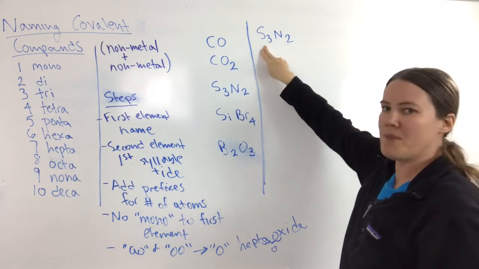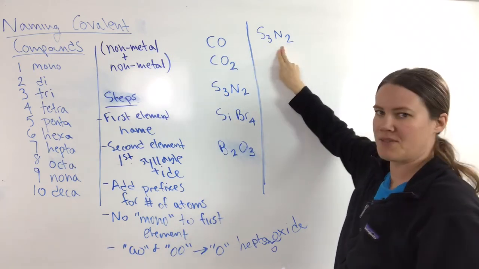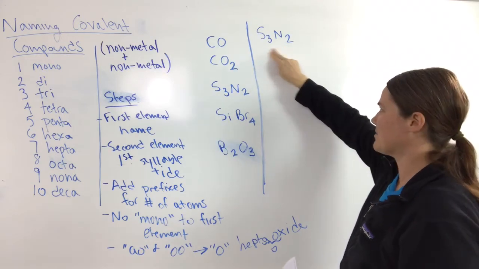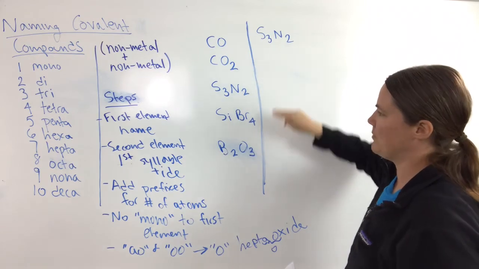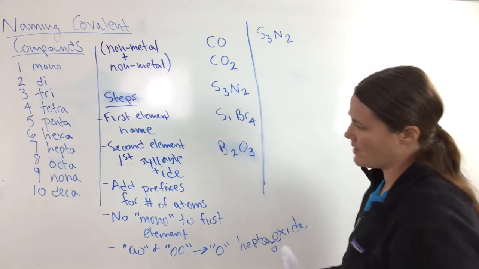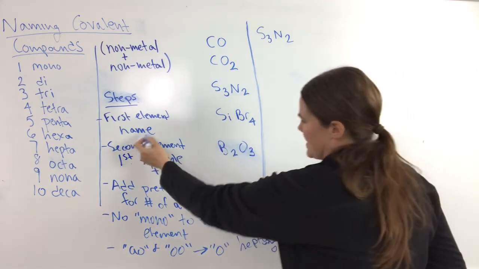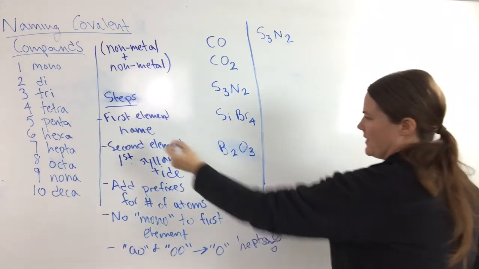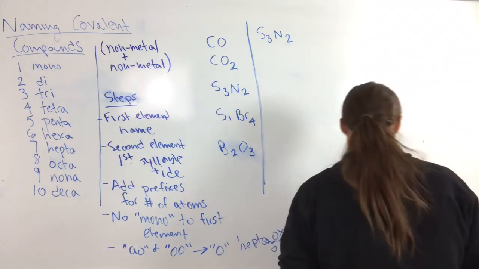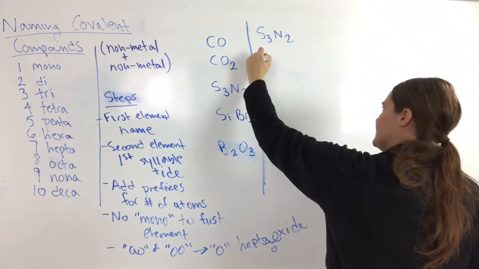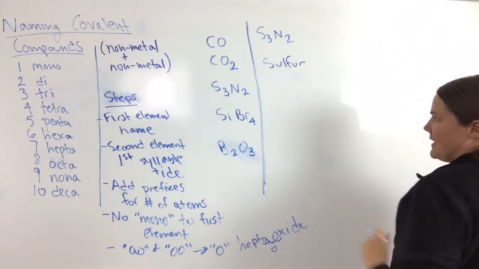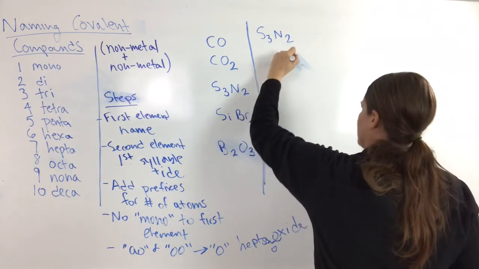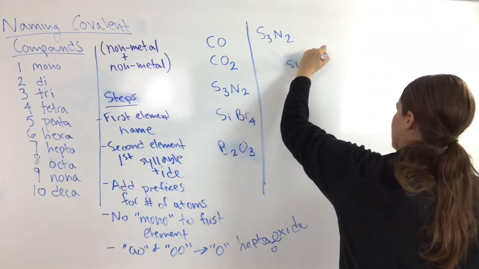We have a nonmetal and a nonmetal, so we have a covalent compound, and we'll use the naming rules for covalent compounds. The first thing we do is write down the name of the first element, which is sulfur.